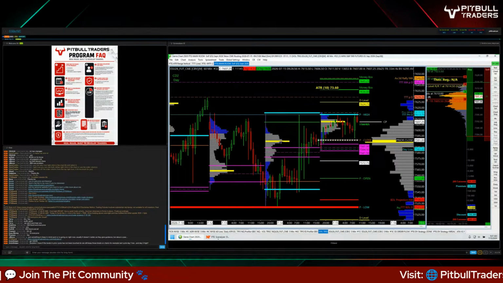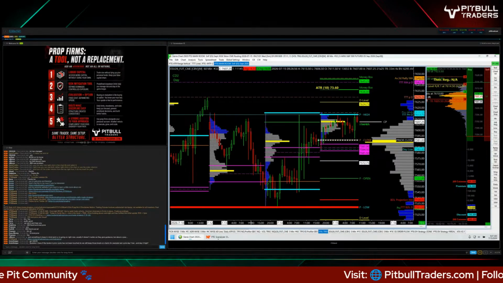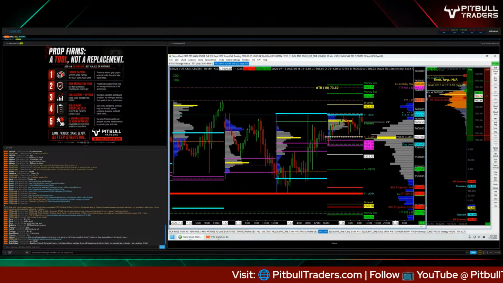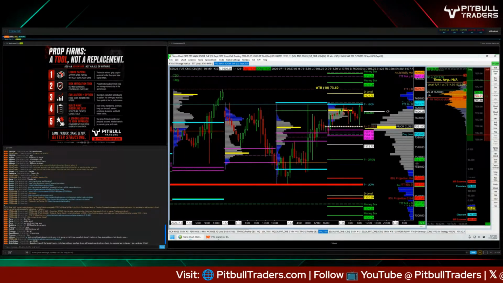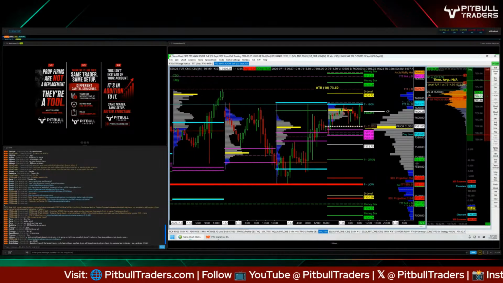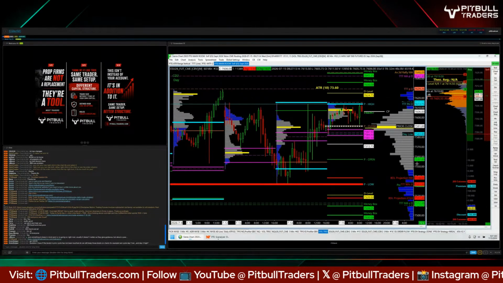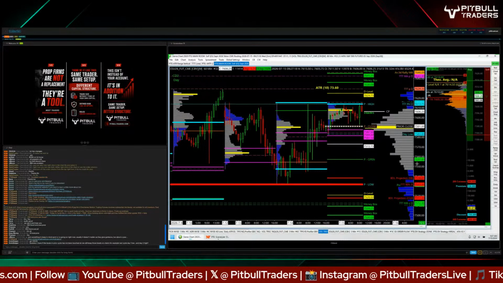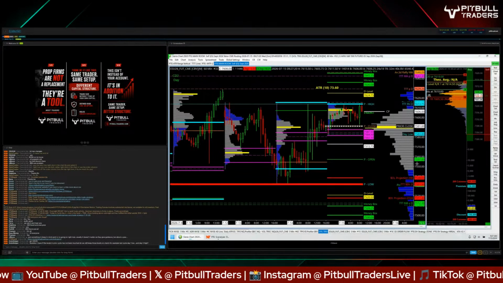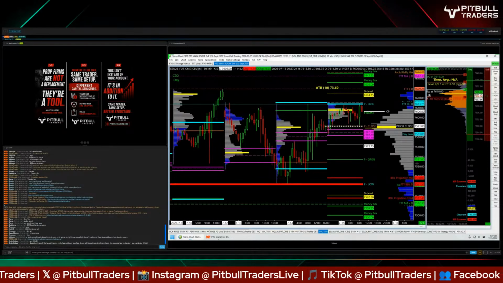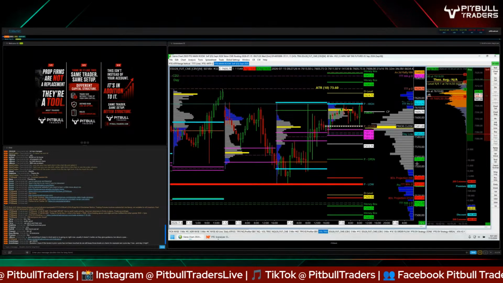Yes, the controlling cycle is of course the current one, but prior cycle levels that have not been touched, either a cycle day one or cycle day two, are they still valid? Yes, they are.